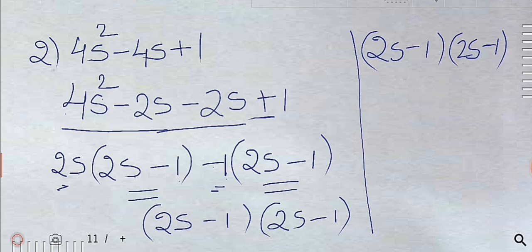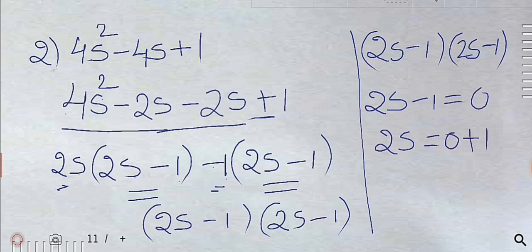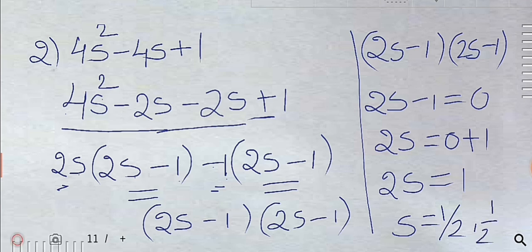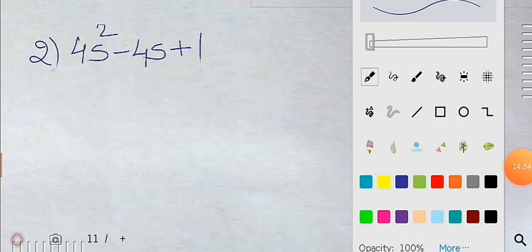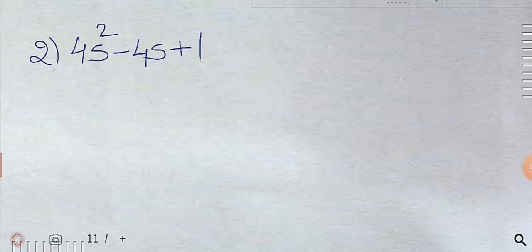Now to find the zeros, equate to 0: 2s minus 1 equal to 0, 2s equal to 1, s equal to 1 by 2. Both are the same, so the other value will also be 1 by 2. These are the zeros of the given quadratic polynomial. 1 by 2 comma 1 by 2 are zeros.